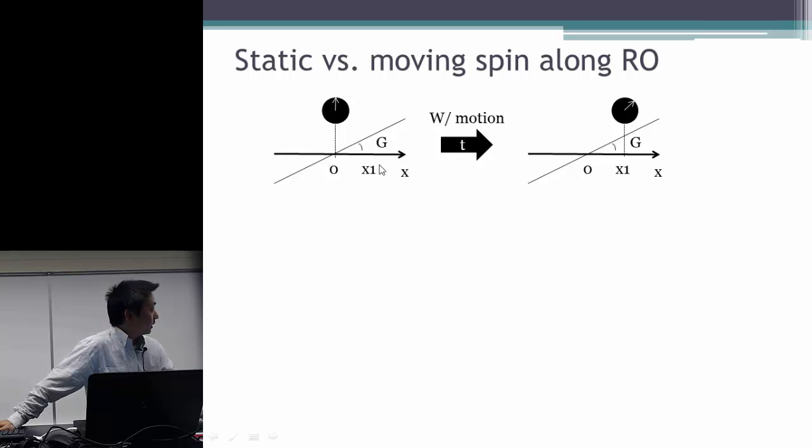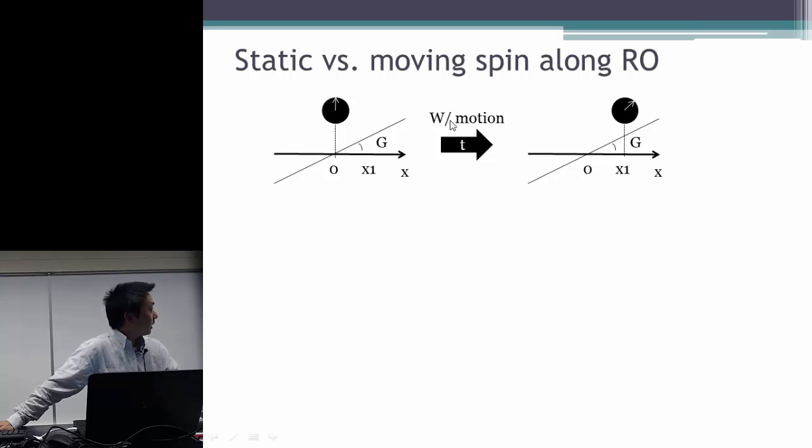So the phase, if we are looking at the rotating frame, it will not develop an additional phase, right? Because it remains at the same location.